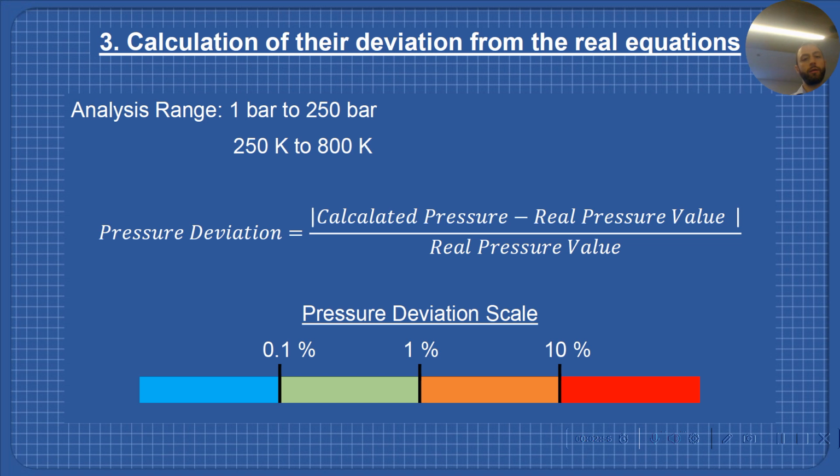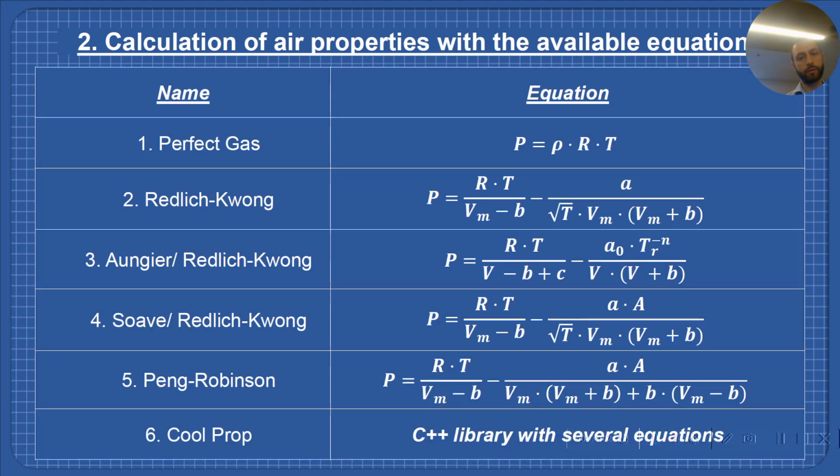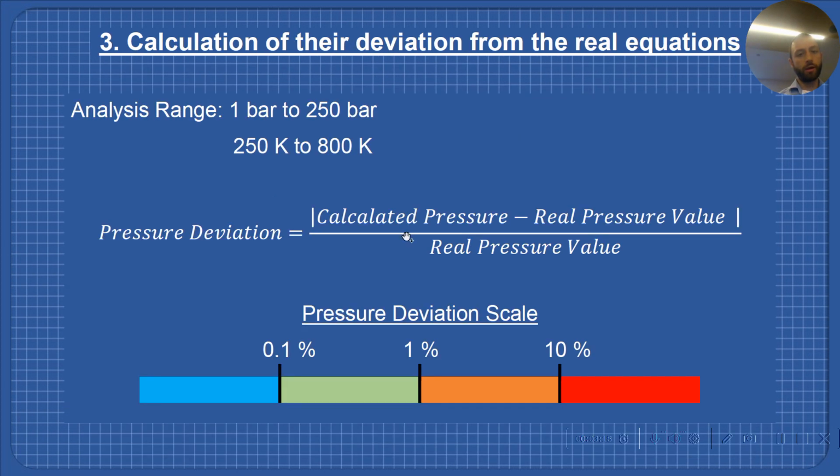Then we calculated the deviation of each model. I have to note, you see in this slide, that each equation is solved for the pressure. So we chose to calculate the pressure in each case, to avoid any calculation and round-off errors. So we calculate the deviation of each model.